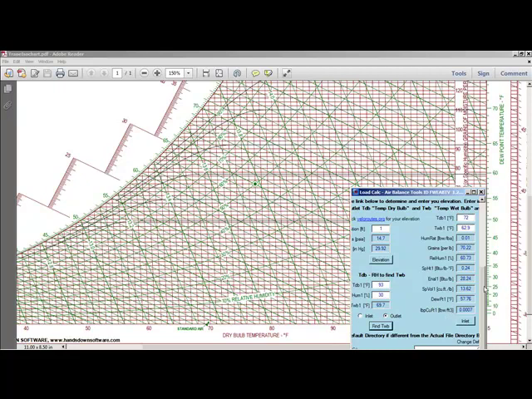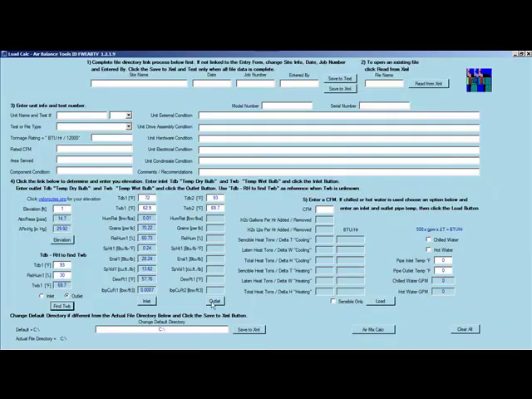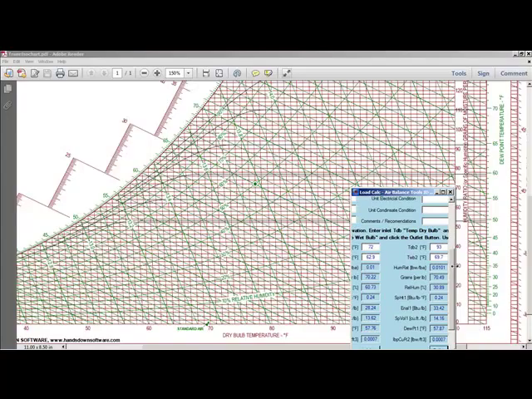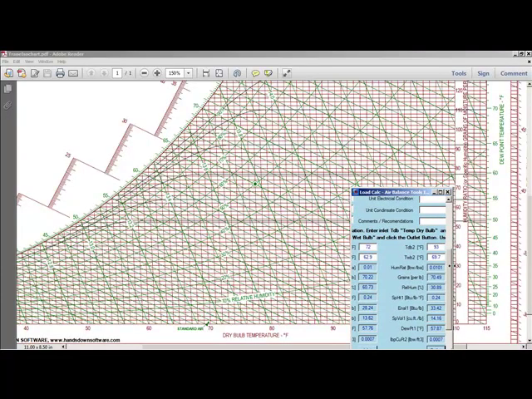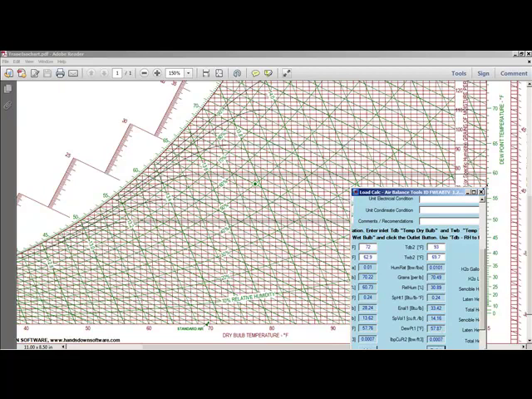And we'll go ahead and grains of moisture about 70.49. Our dew point is 57.87. And our specific volume is about 14.16.